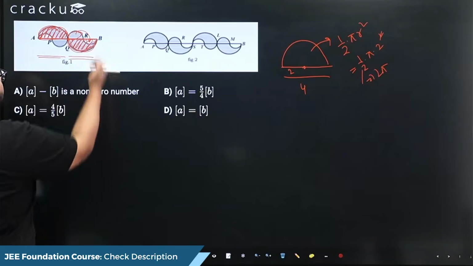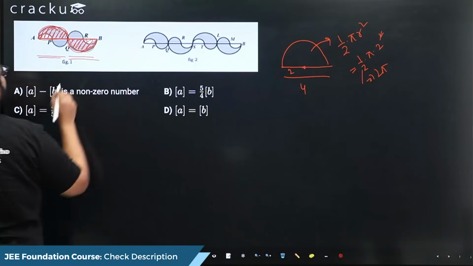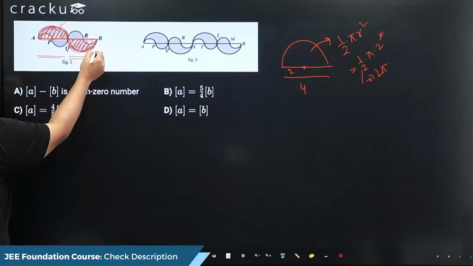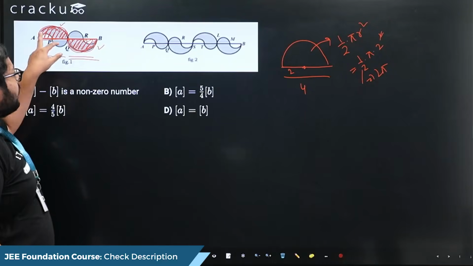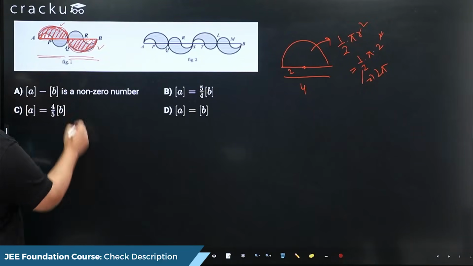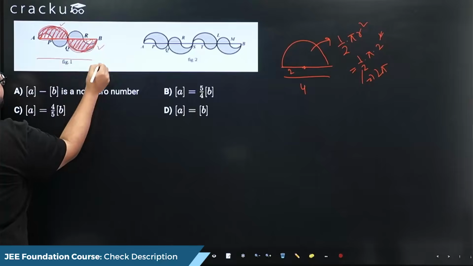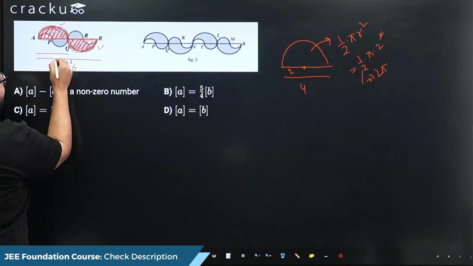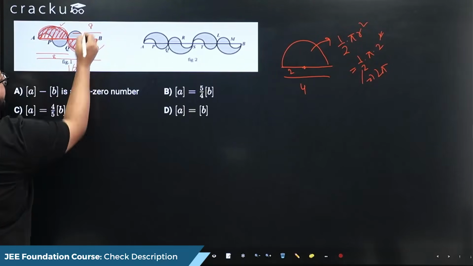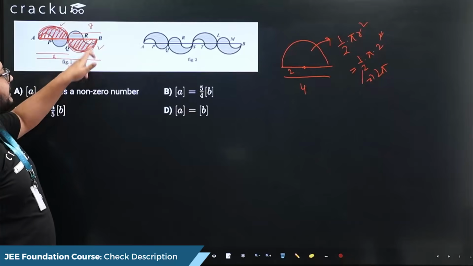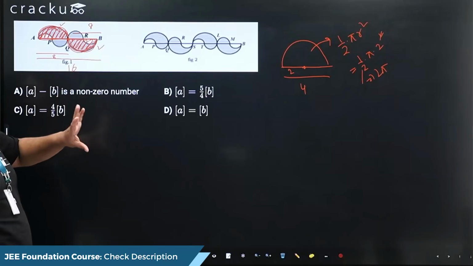Now the thing is, this one and this one are also same. Why are this one and this one same? Because if this length is 16, then this length is 8, this length is also 8. So for both of these semicircles, the radius is going to be same.